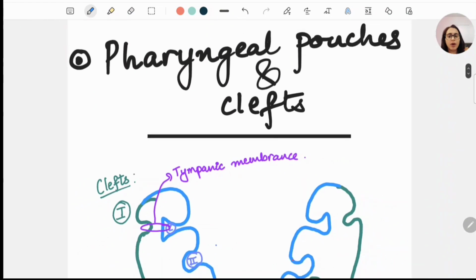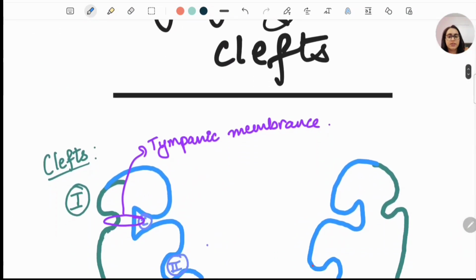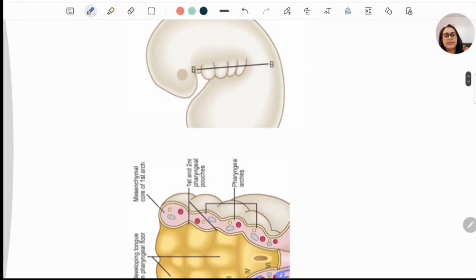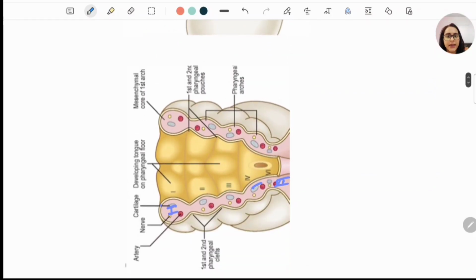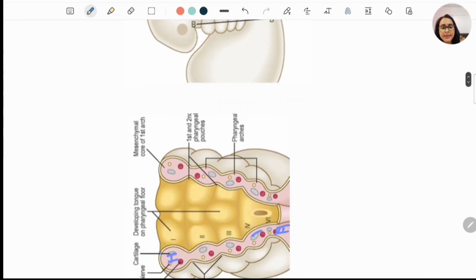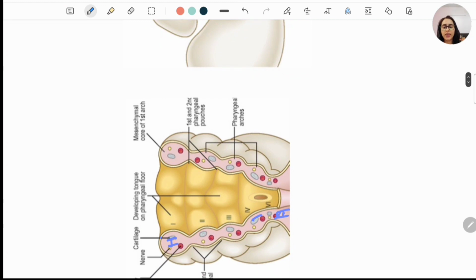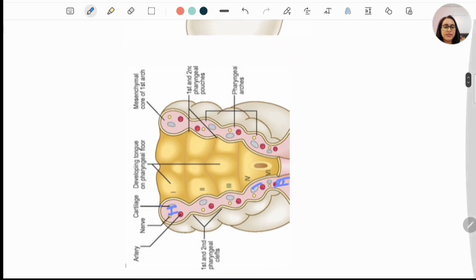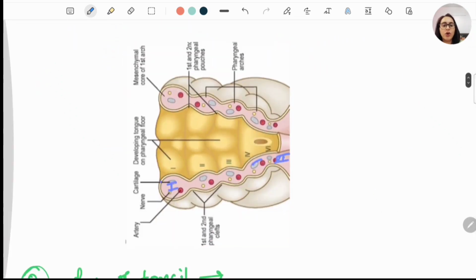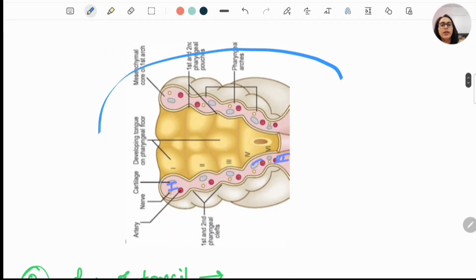So when we talk about pouches and clefts, the pouches and clefts are basically present on the inside. Outside we have the pharyngeal arches, and inside we have pouches. So inside are the pouches, and again you can see that clefts are also present. If you cut this embryo in half and look at it from inside, this is how it looks.